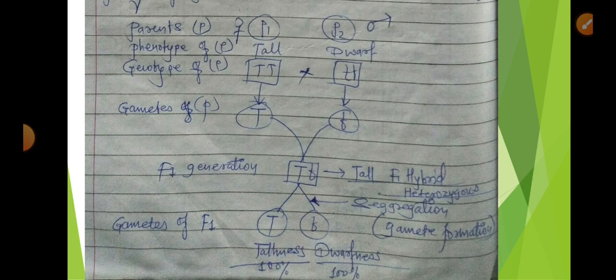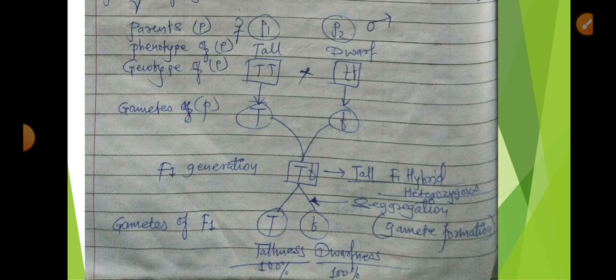When we proceed for gamete formation, the small t and capital T fuse together and fertilize to form the F1 generation, and all the plants are tall in heterozygous condition, the F1 hybrid heterozygous.